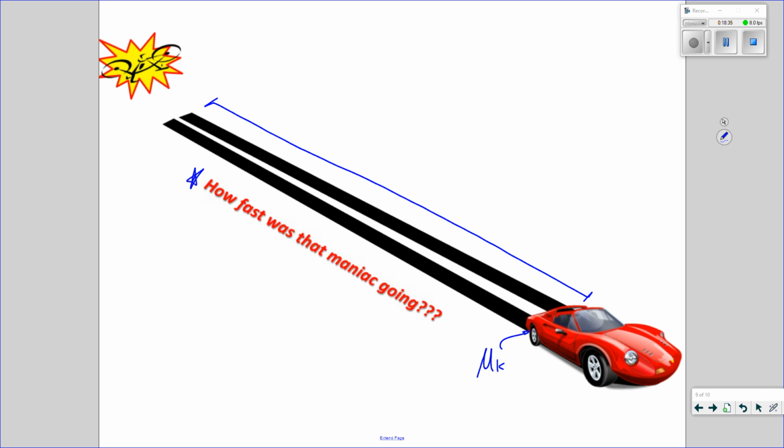Oh gosh, ran over a bike. It's okay, it's just a bike. And then came to a skidding stop. So you can do some forensic analysis with this mu k stuff, and people do that for a living, some of them. So that's a topic or an example for another time.